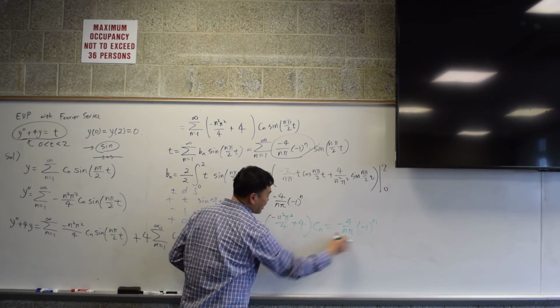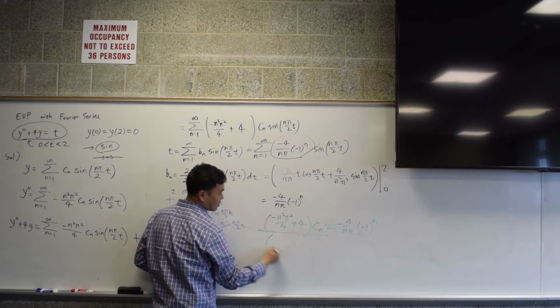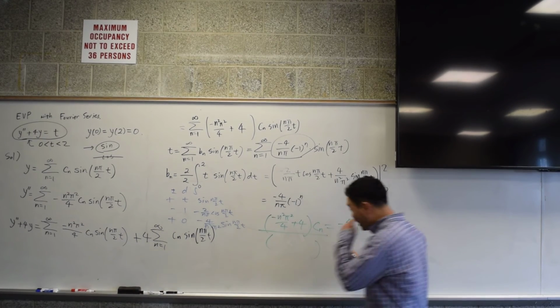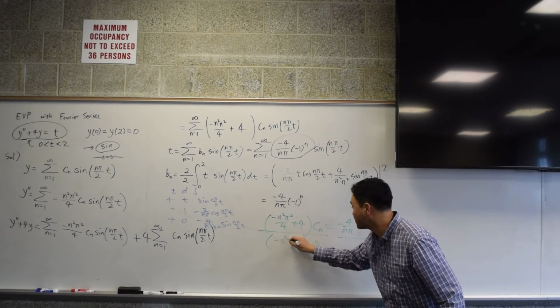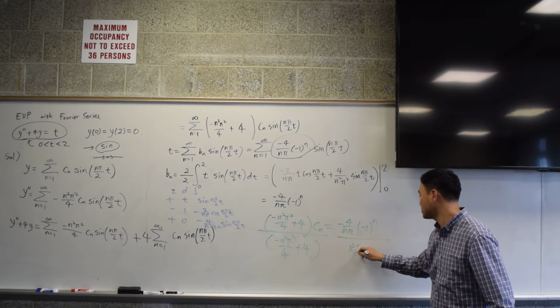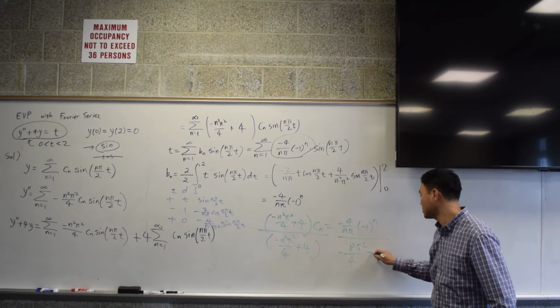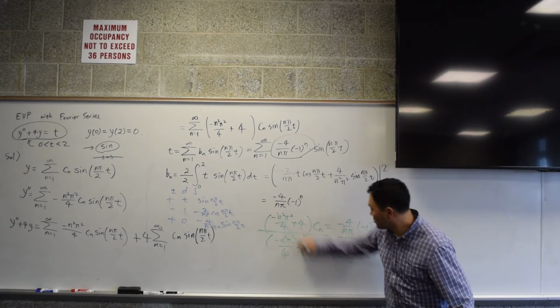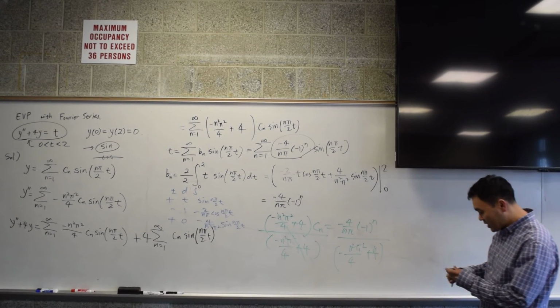So now you divide this entire thing over, and this complicated thing is your Cn.